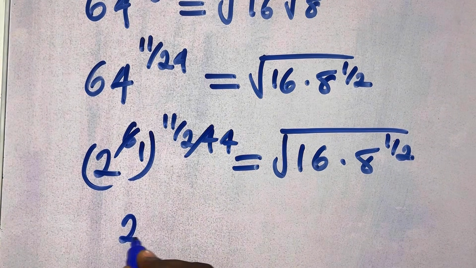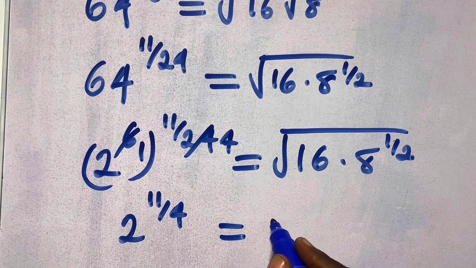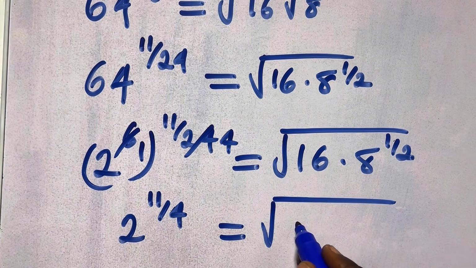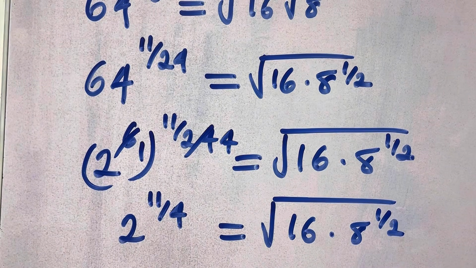So we have 2 raised to the power 11 divided by 4 equals square root of 16 multiplied by 8 raised to the power 1 divided by 2.